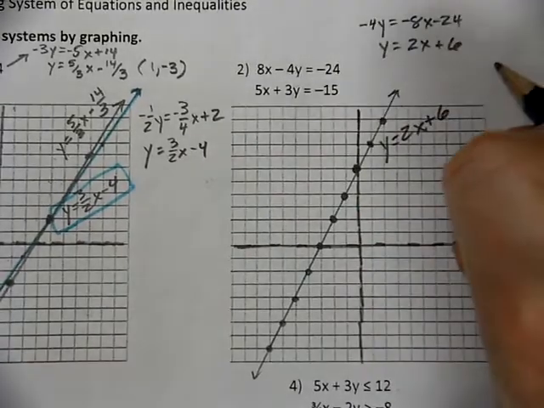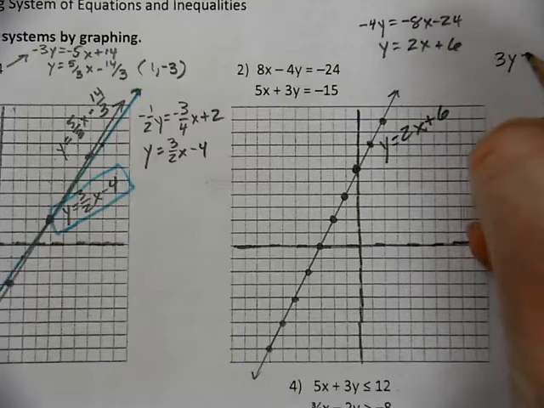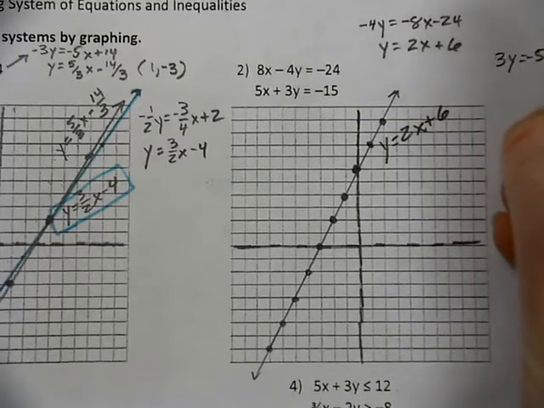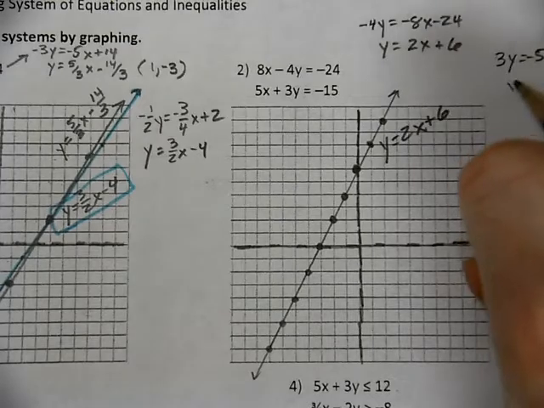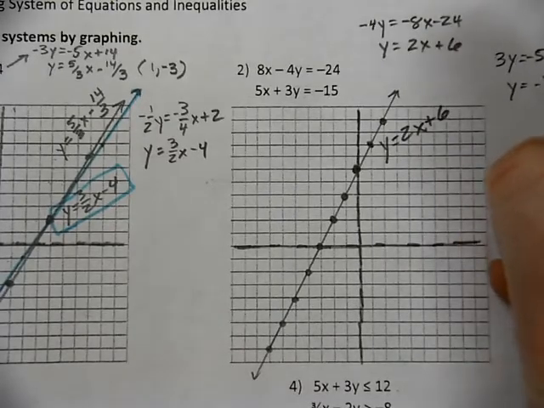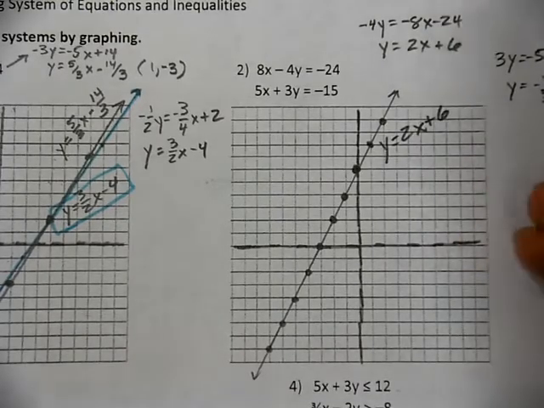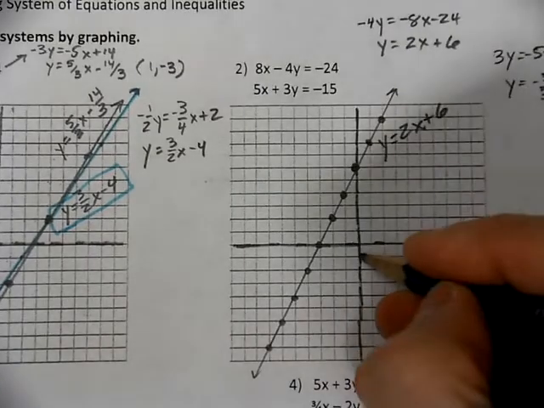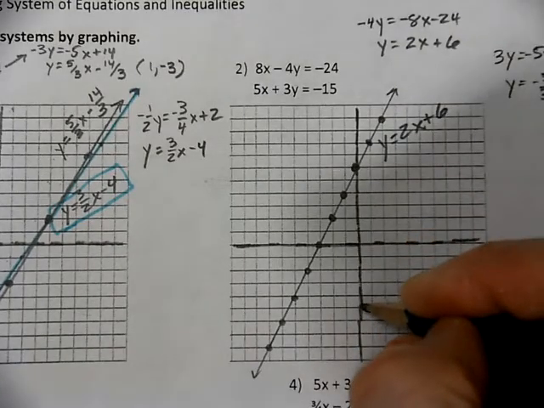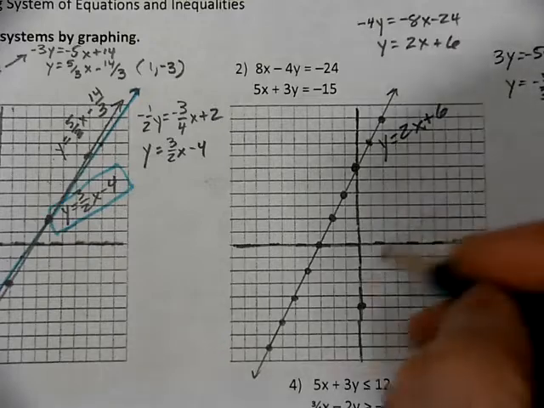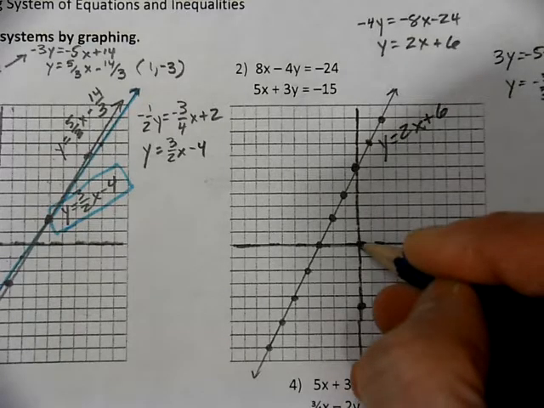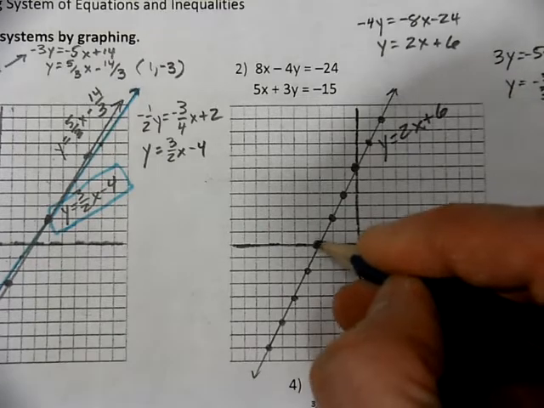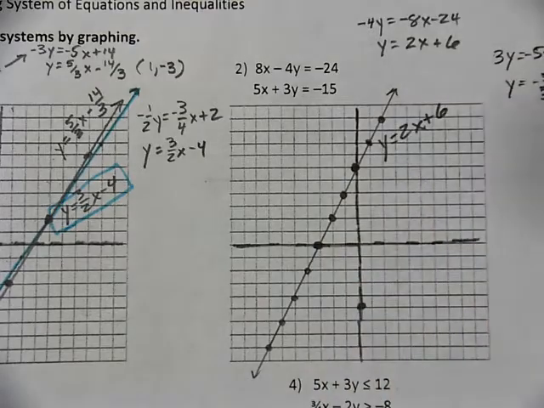And then our other equation here, move the 5x to the side. Negative 15 divided by the 3 leaves us at a negative 5. And we have a slope of negative 5/3. So we do 5. So that's a positive 5 and a negative 3. Oh, puts us right there. There's our solution.